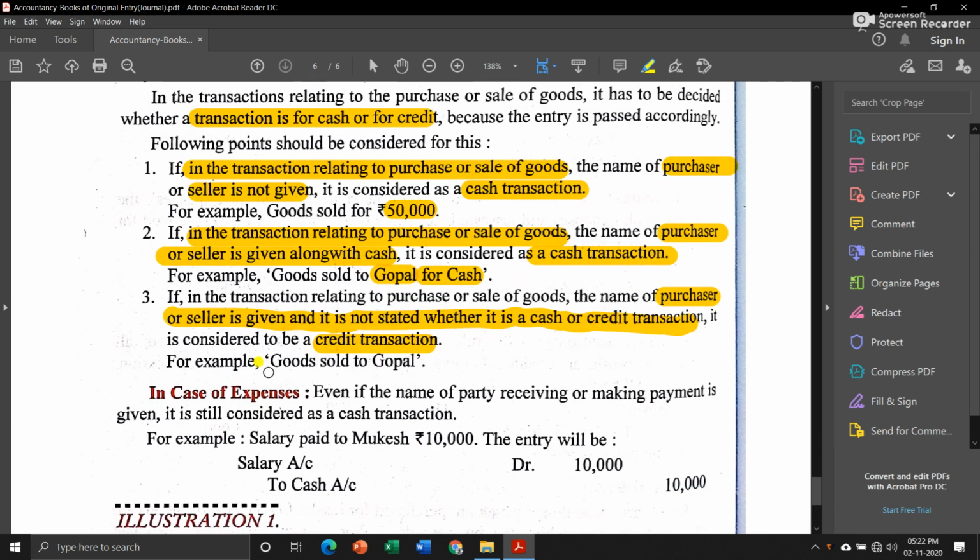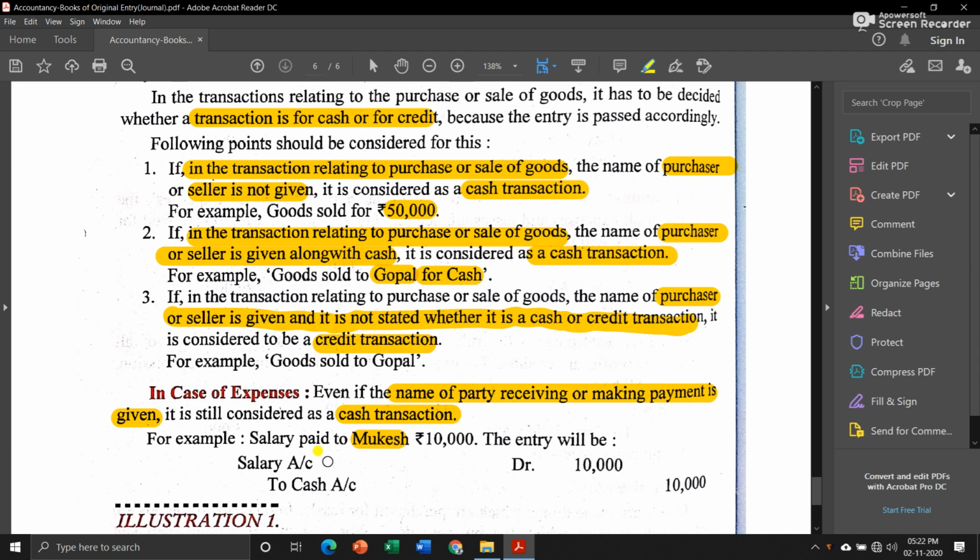Now in case of some expenses, even if the name of the party receiving or making payment is given, it is still considered a cash transaction. It is totally different in case of expenses. Earlier, in case of goods, we thought that if only the name is given, then it is a credit transaction.